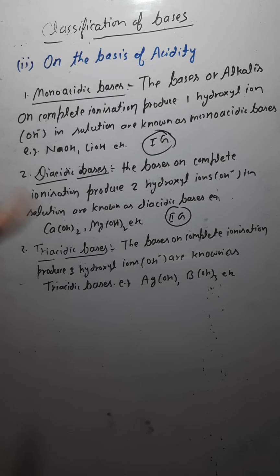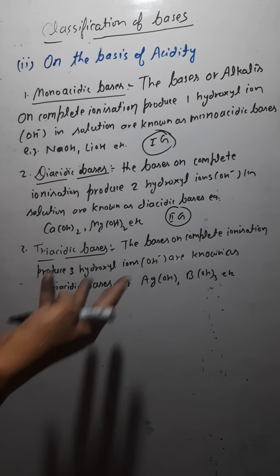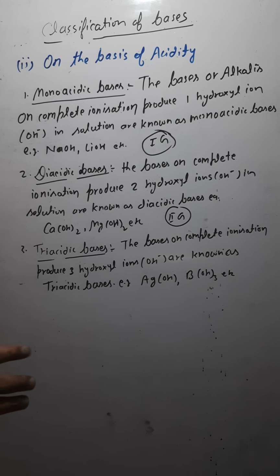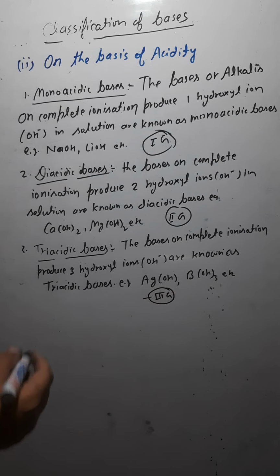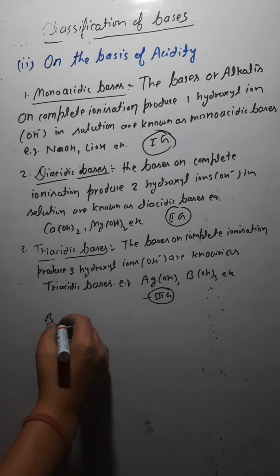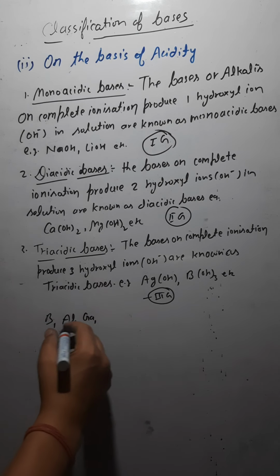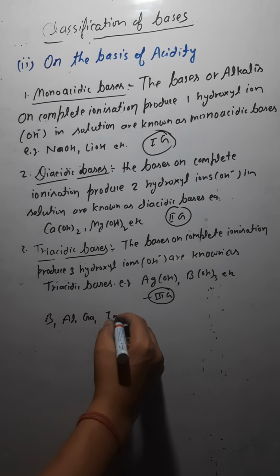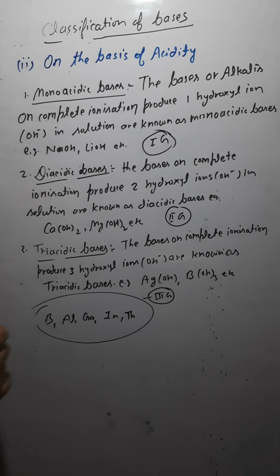Similarly, triacidic bases means the bases on complete ionization produce three hydroxyl ions. So which would produce three ions? The elements of the third group. What are the elements of the third group? B, Al, gallium, indium, then you have thallium. These are the elements of the third group.